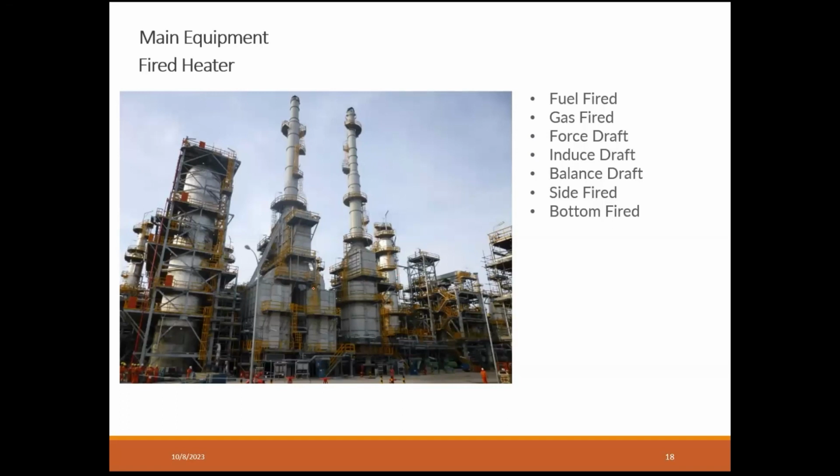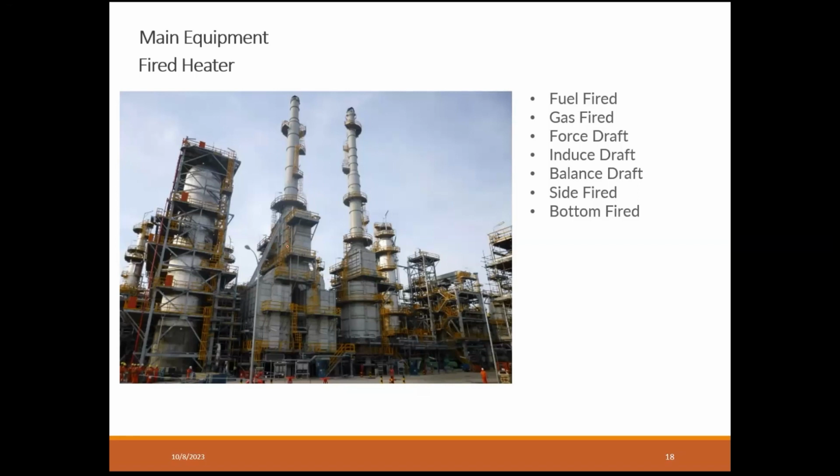But for this example, if you have the boiler up here, this is what we call a waste heat boiler. The waste heat boiler basically uses the flue gas generated from this bottom part to heat up the water in this boiler, which will evaporate and produce steam.